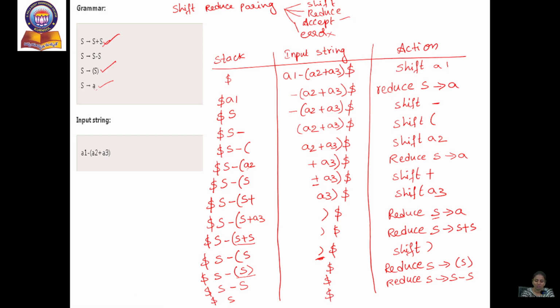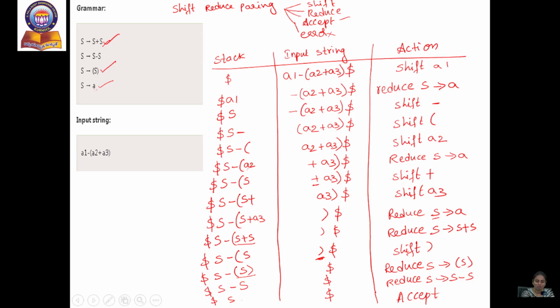So checking whether S can be reduced with any other production. No, S cannot be derived directly from any production, but we can check S is the initial state and the top of the stack is only S, and in the input string only the dollar is available, no input string is left over to parse.